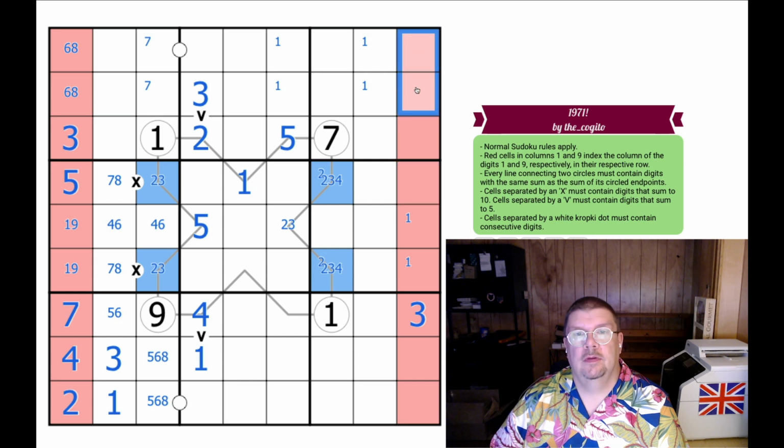So 2 has to go into one of those because it can't be 1 or 3, and 2 in the row tells me it's not that one.